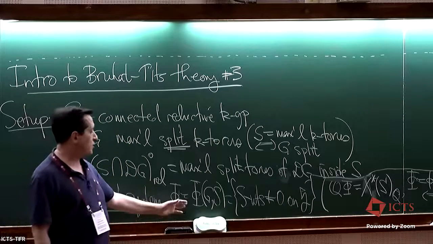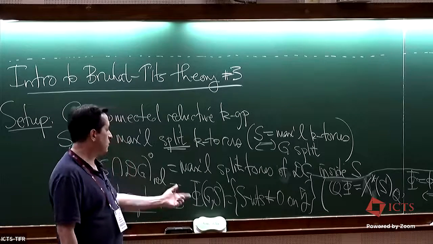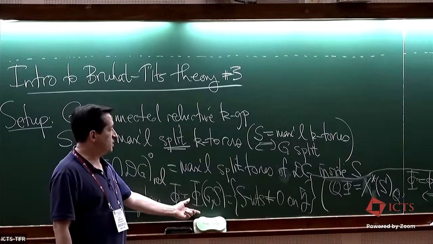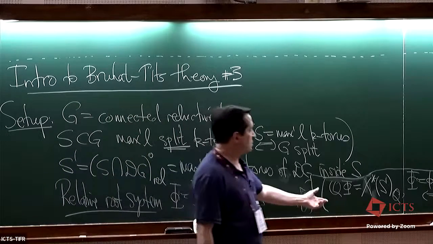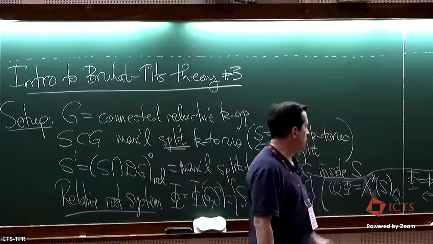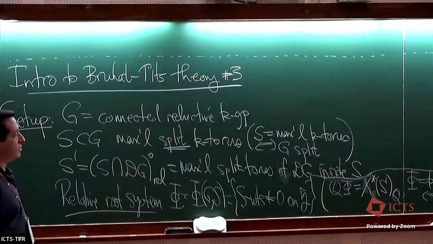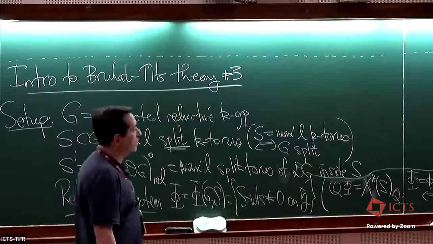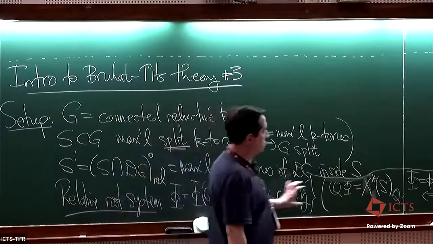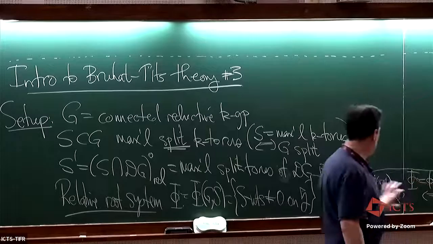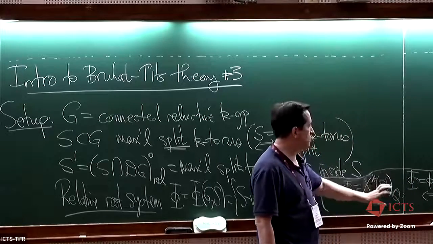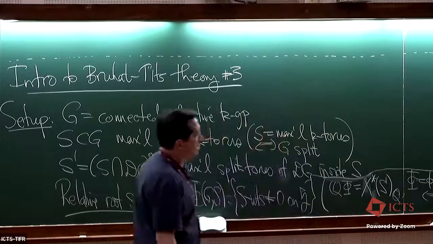The collection of those is always a root system. Verifying the integrality axiom for that has some subtleties when it's non-reduced, but in any event, this is a root system, and its span is exactly the rational or real vector space made from the characters of S prime. And so there are no roots precisely when S prime is trivial, which is to say the derived group is anisotropic.